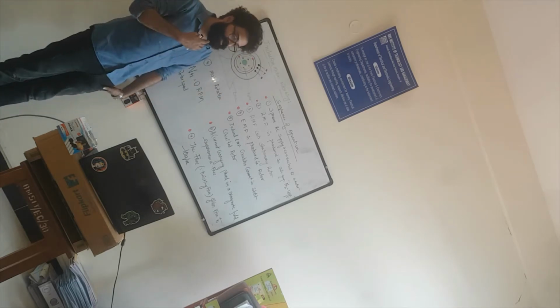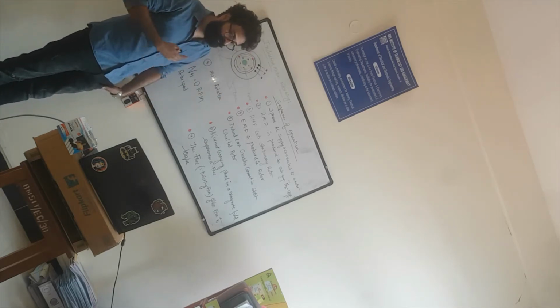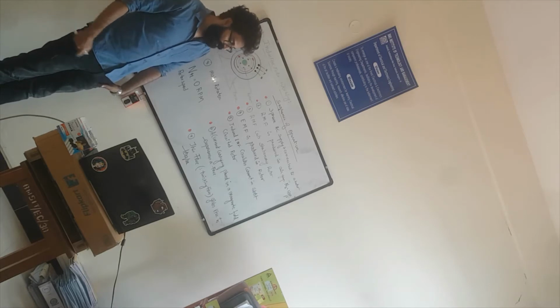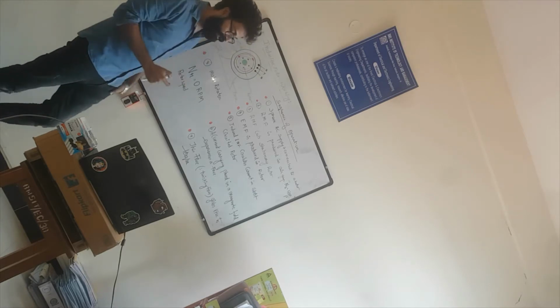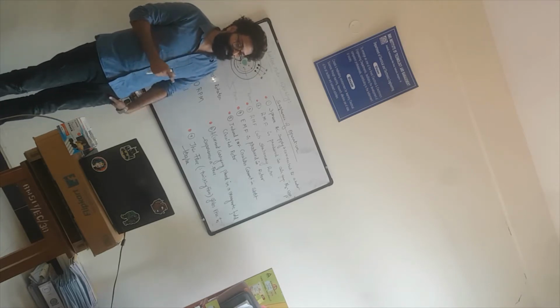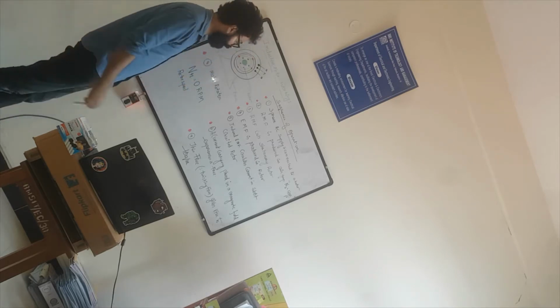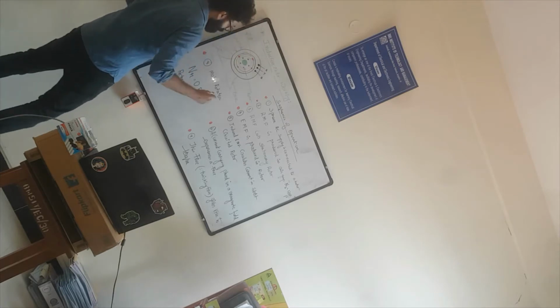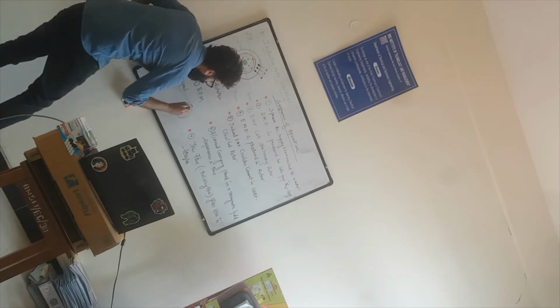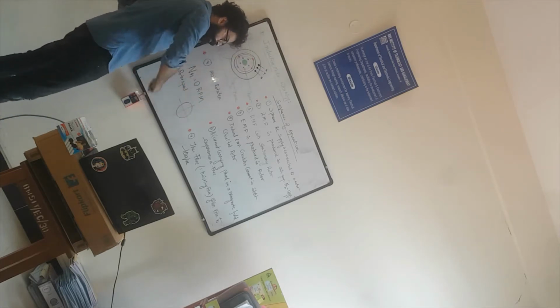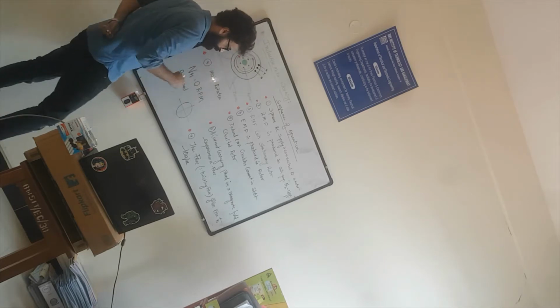The moment current starts flowing into the rotor, a current carrying conductor placed in a magnetic field experiences a force, and that force acts on the outer periphery of the rotor. The rotor is always a circular circuit, right?